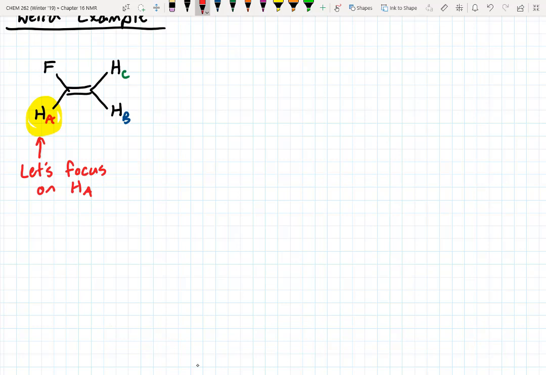But they are radically different from one another. Why is that? One's cis, one's trans, one's also way closer to an electronegative atom. So they behave completely different from one another, meaning they split HA to a different intensity. So now let's take a look at this, kind of same idea, and we'll do HA unsplit up here.